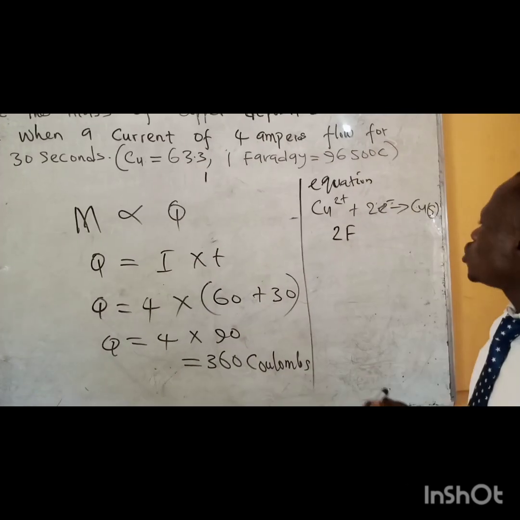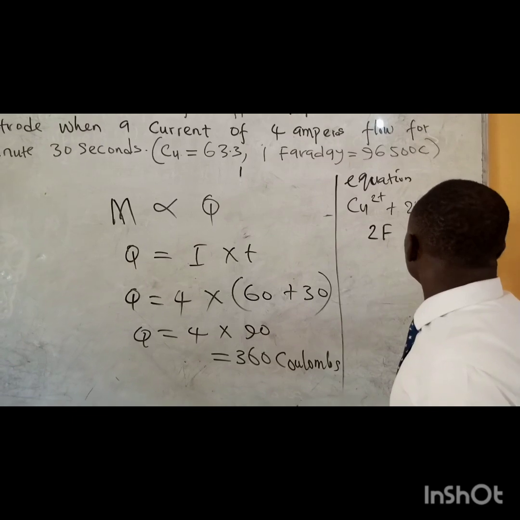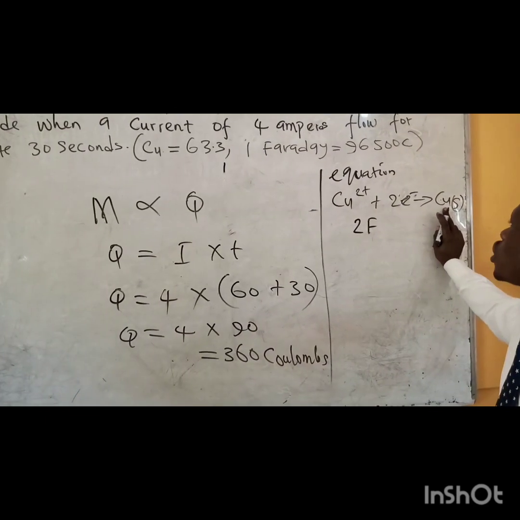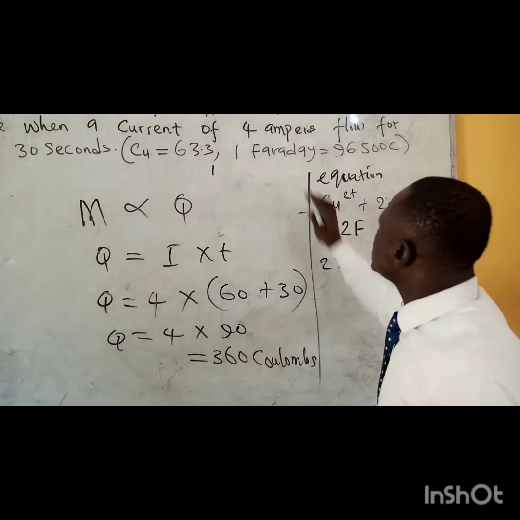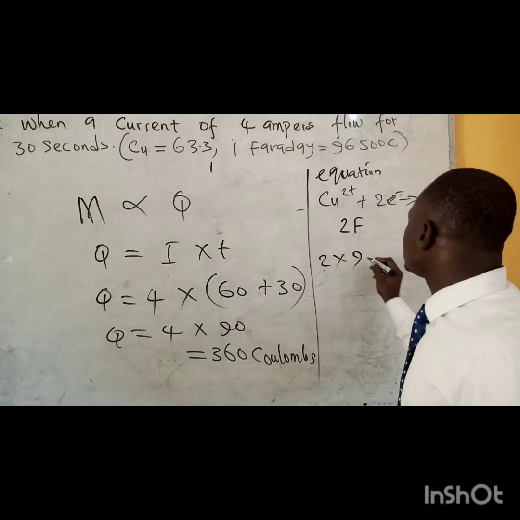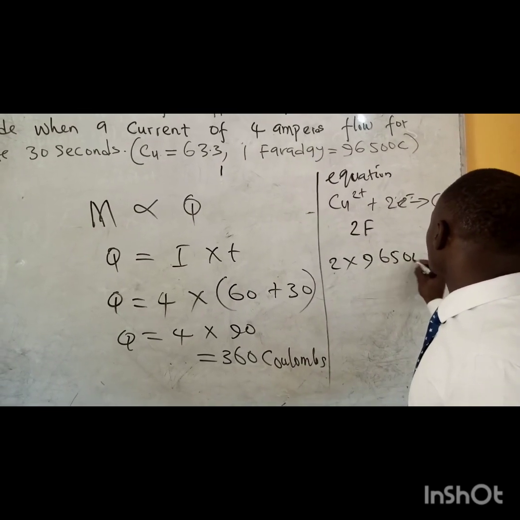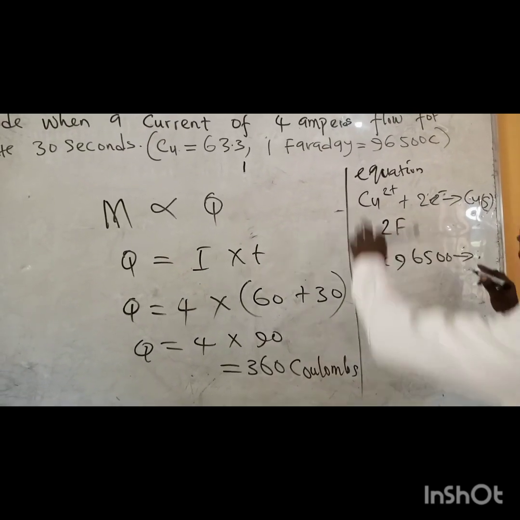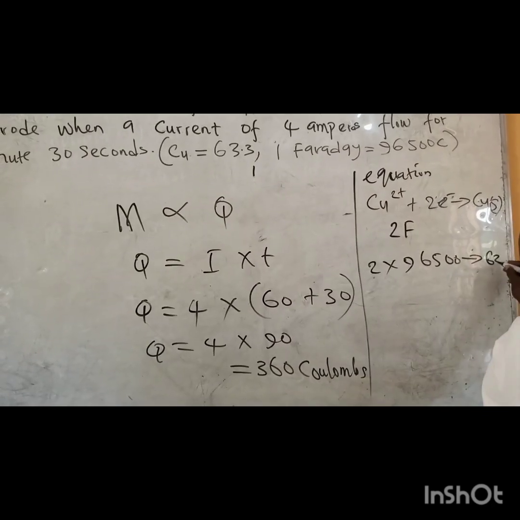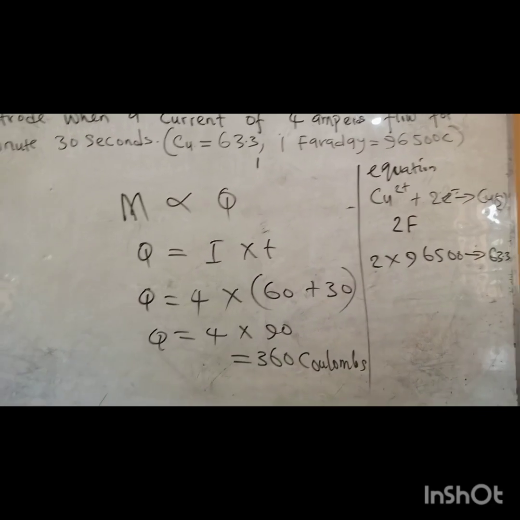So the next thing we are going to do is divide. This one is giving you the mass of copper. Therefore, 2 times Faraday, which is 96,500 coulombs, will give you 63.5 grams, the mass of copper.